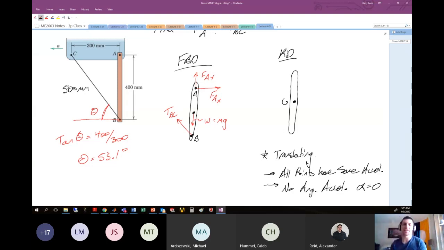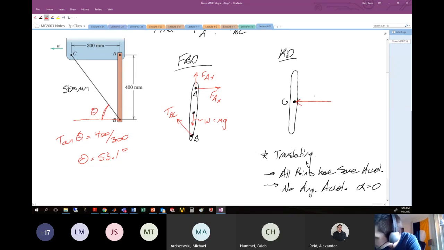So I know I have an acceleration. All points on the body have the same acceleration. So if this whole assembly is accelerating with this translational motion, then the acceleration at the center of gravity also matches the acceleration of every other point. So the acceleration at the center of gravity is the same as the acceleration prescribed by the vehicle, which here is sort of in the negative direction, and I'll draw this with red.